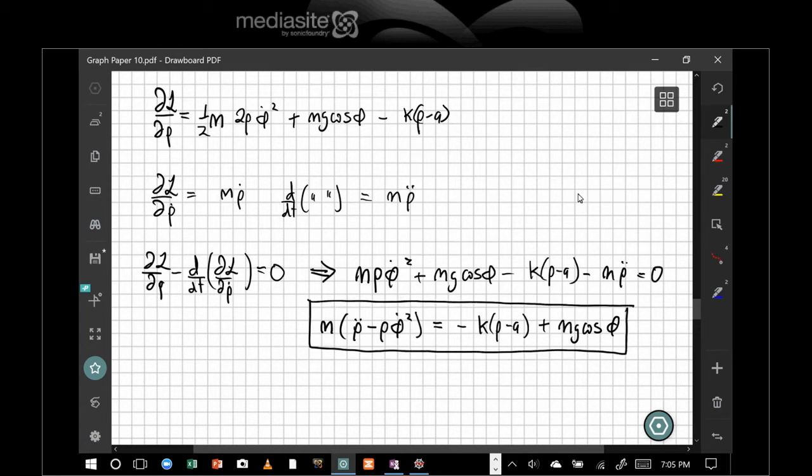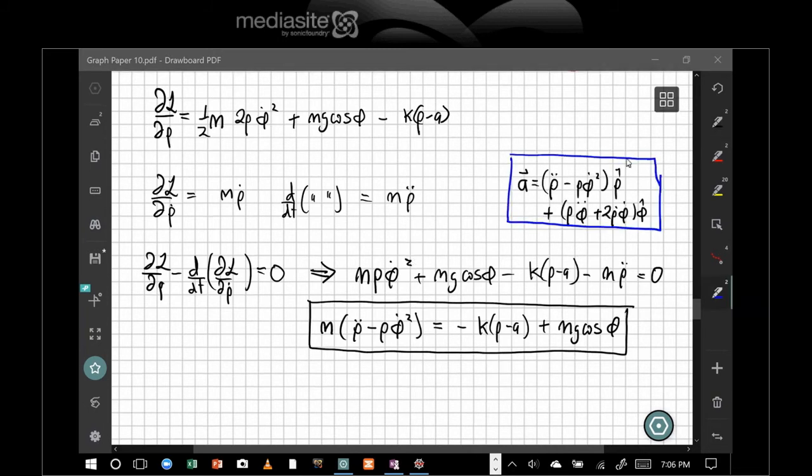Now, let's interpret what that is. Before I do that, let me get a result from before. The result I had before was in this blue box. Notice that this is the expression for acceleration in the cylindrical coordinate system. We used the tangential component, but there's also a radial component.